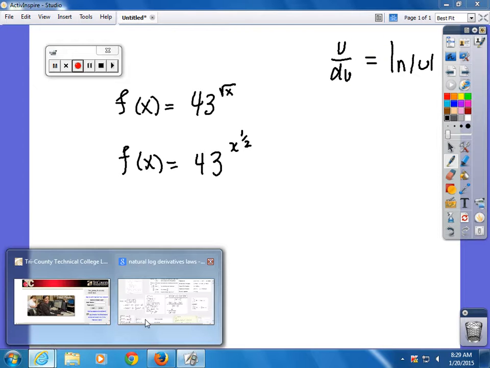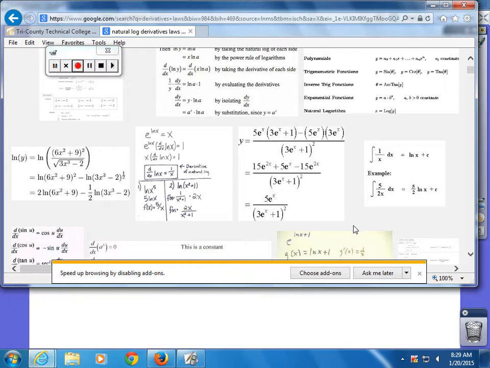And what is the derivative law? Right here. Du over u. If u is equal to x, what's the derivative of u? What's the derivative of x? 1.